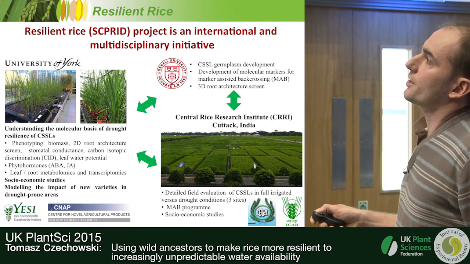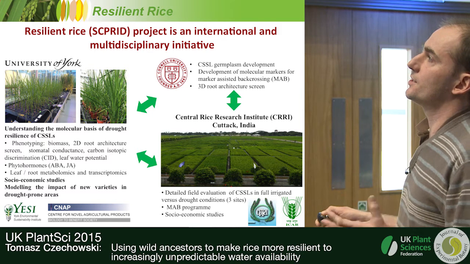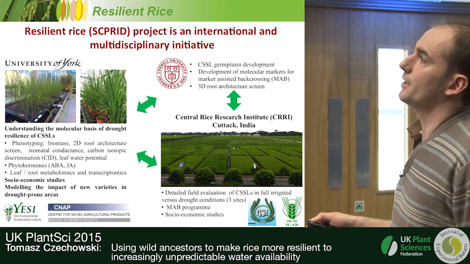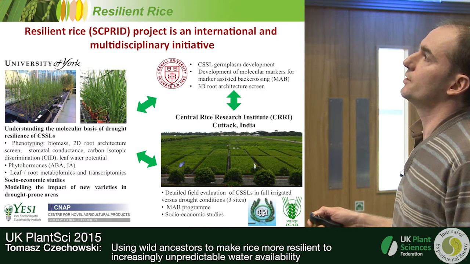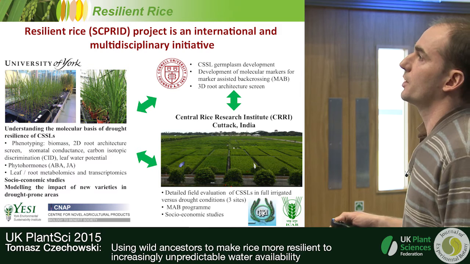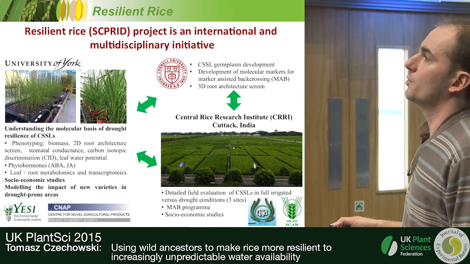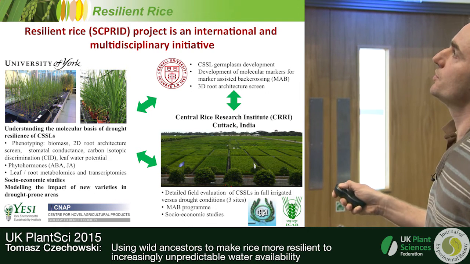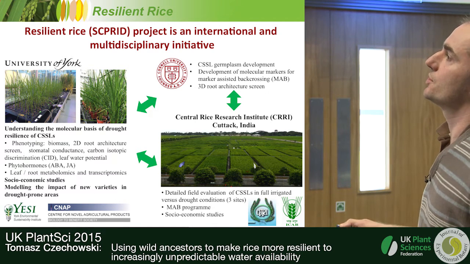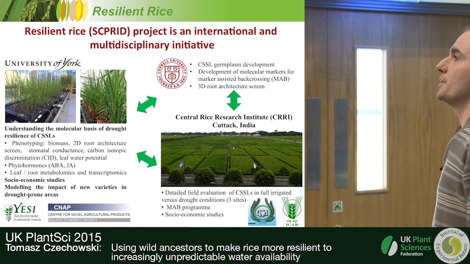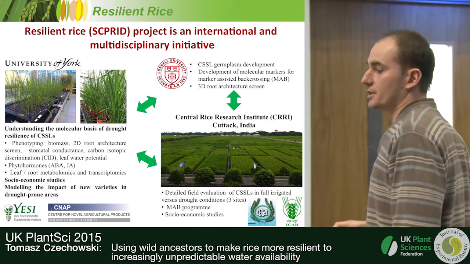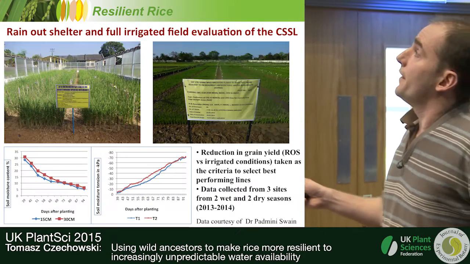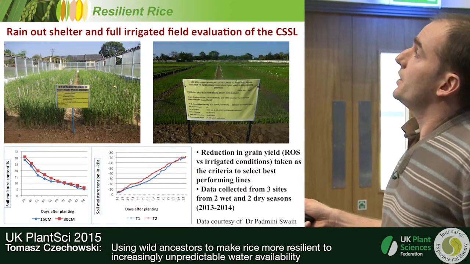And we in York try to understand why these lines are resistant at the molecular level. So we do phenotyping using hydroponics and soil systems, which I'm going to talk about later. We also measure phytohormones and metabolites. Cornell University is also doing a three-dimensional root architecture screen, and we also do a little bit of socioeconomic studies and climate modeling, which I'm also going to talk about later. So that's how it looks in India, in Cuttack.